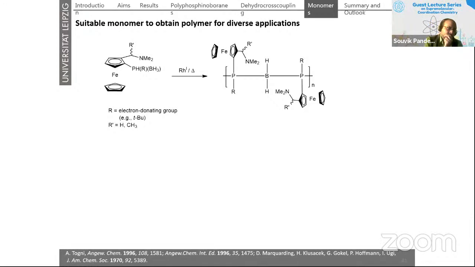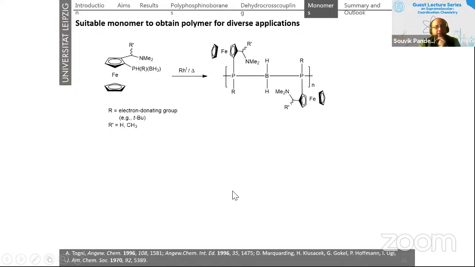I do not have much time, so I will just shortly explain this. This is something that we wanted to introduce, a chirality into the phosphorus, into these polyphosphinoboranes. For that, I have started with Ugi's amine, a chiral ferrocene phosphine amine already, and then I introduced a phosphine borane and obtained this polymer.